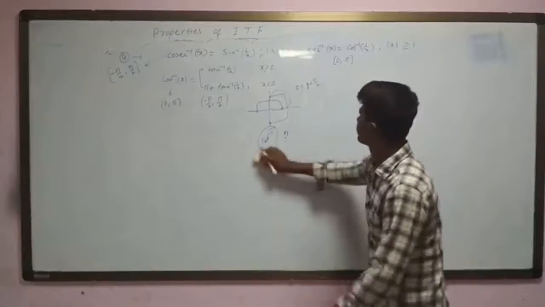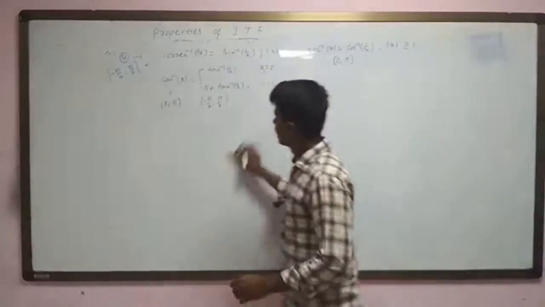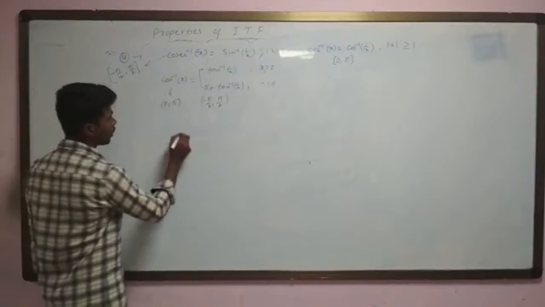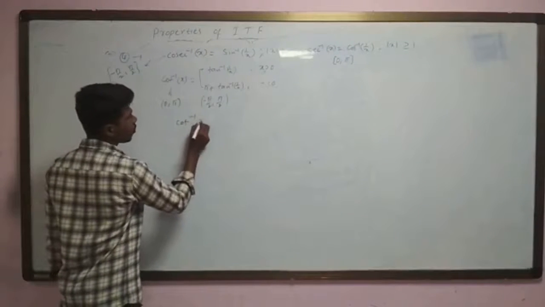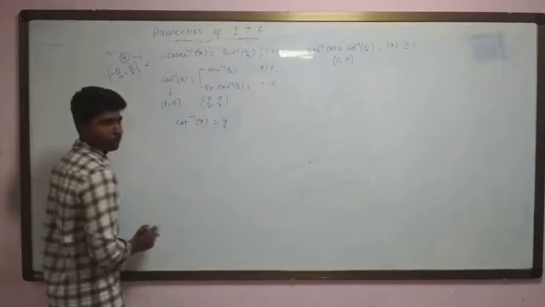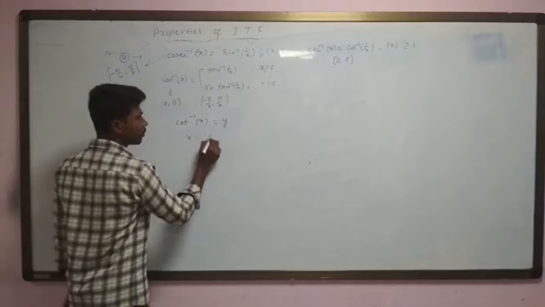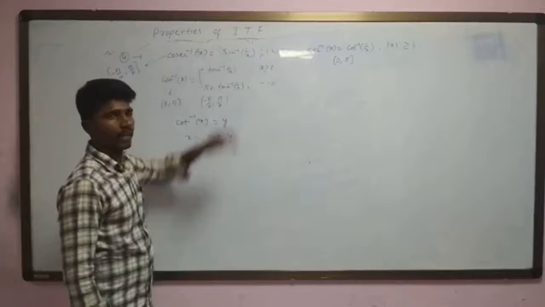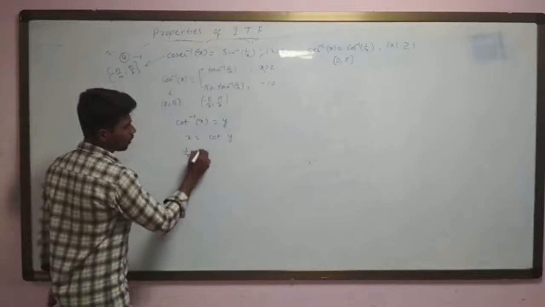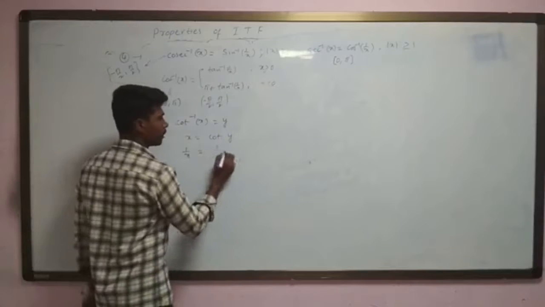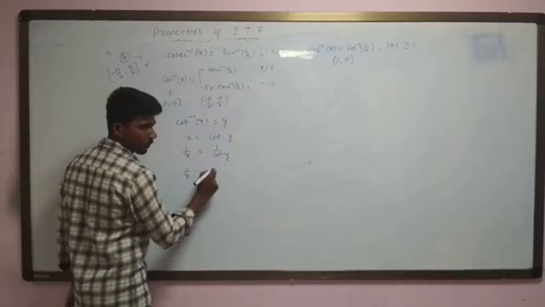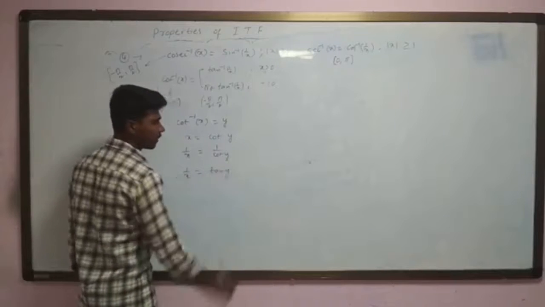We go for the proof. Let cot inverse x equal to y, so x is equal to cot y. I am converting this cot in terms of tan, so take the reciprocal. 1 by x is equal to 1 by cot y, which can be written as tan y.